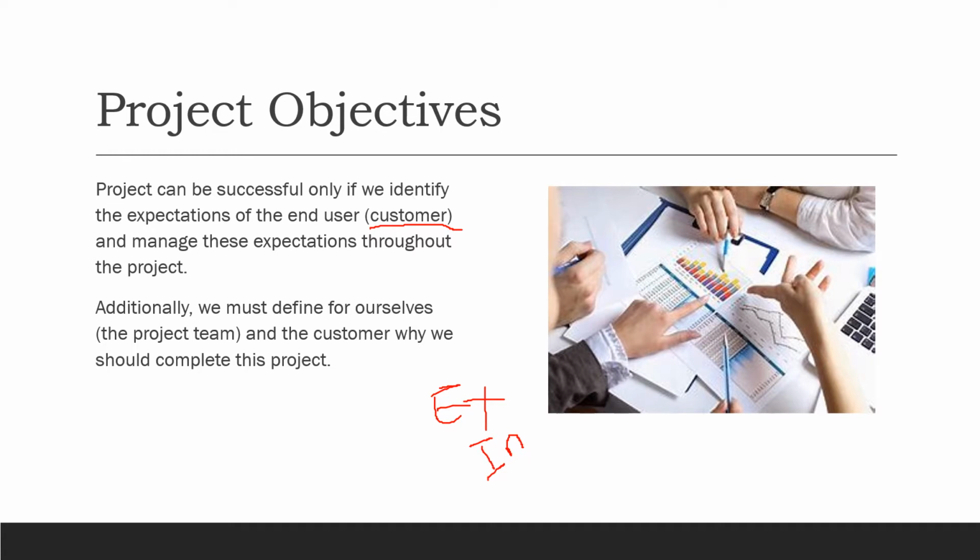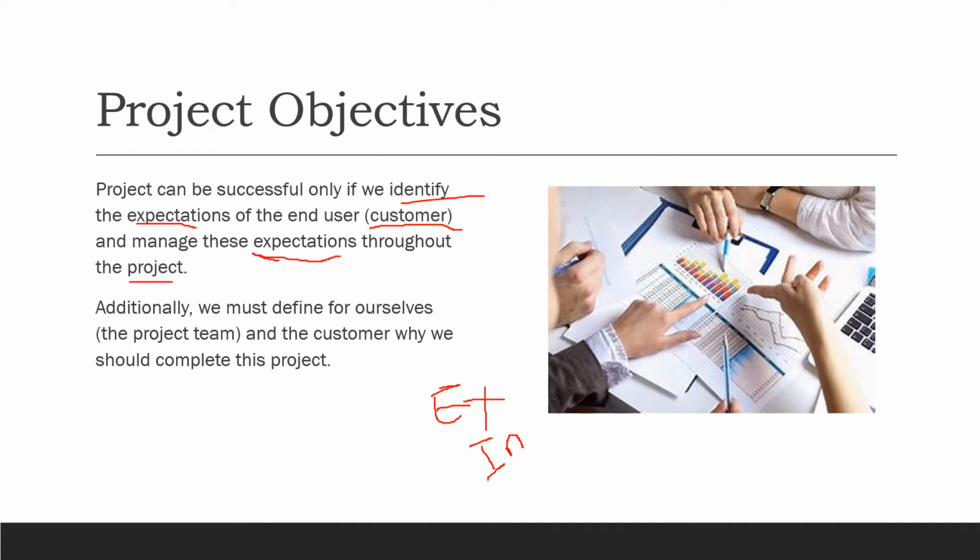You have to identify their expectations for your project to be successful, and that's your objective. Then you're going to manage the expectations they want throughout the project, so your project is going in the right direction.